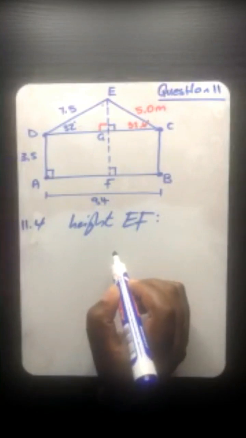Yeah, the rectangle. And then you've got the length, which is 9.4 for the bigger triangle.